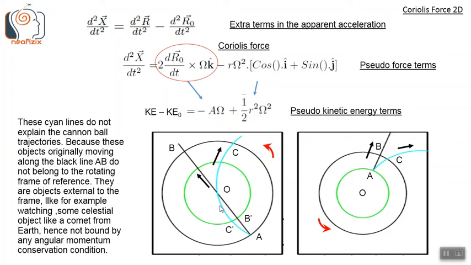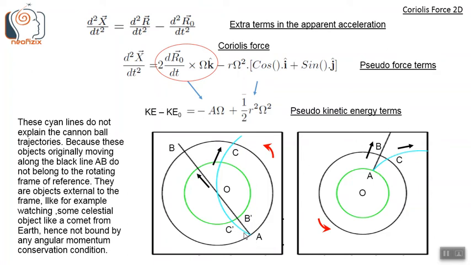Therefore, from the rotating frame, the straight line motion AB that was seen in the inertial frame appears as a curved path AC. So AB is what we see in the inertial frame. The point A was in the inertial frame, point B was in the inertial frame. The projectile was released in the direction AB in the inertial frame. So we see a straight line in the inertial frame with uniform constant velocity.